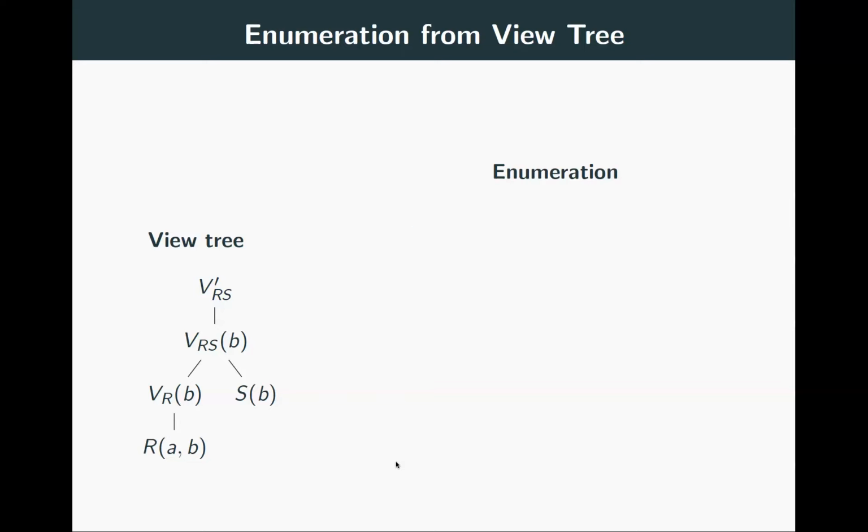It's easy. But first, let me draw a connection to the Yannakakis algorithm that you learned in the previous week. Because we always propagate this information bottom up, the information about the B here is always calibrated with respect to what is below. That is, these B's are guaranteed to be paired with at least one A, because otherwise the B would not be there.